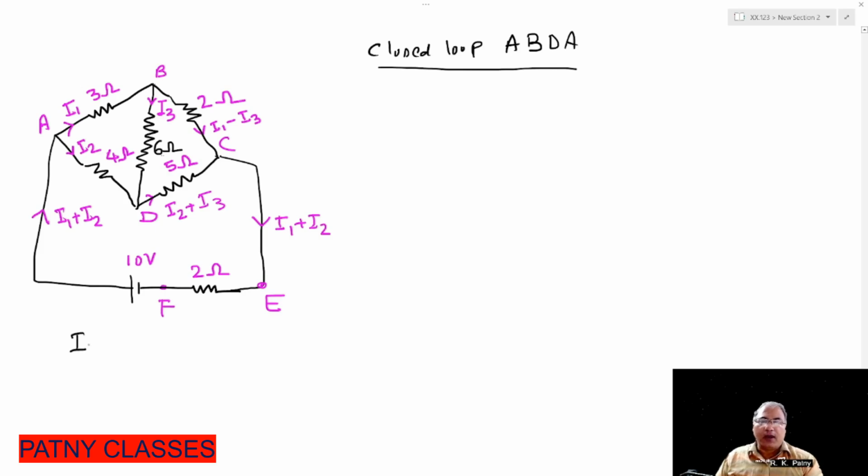We have to find I1, I2 and I3. That means there are three unknown currents flowing in the circuit, and we have to find their values. Since there are three unknowns, we need three equations.